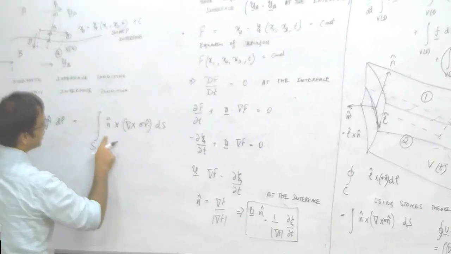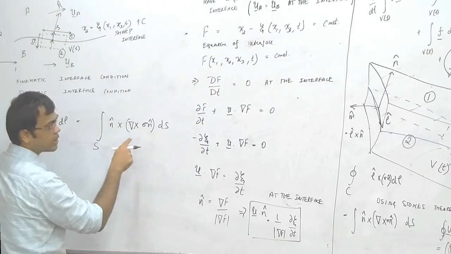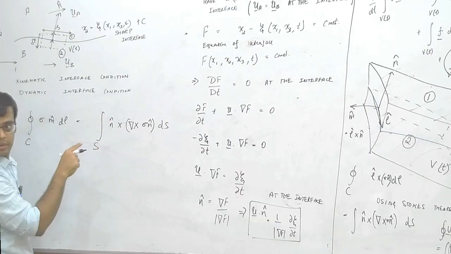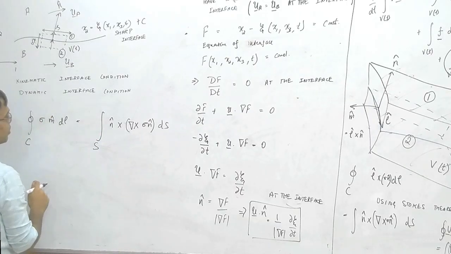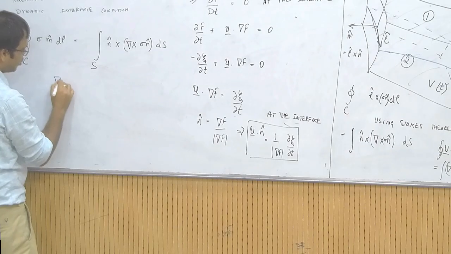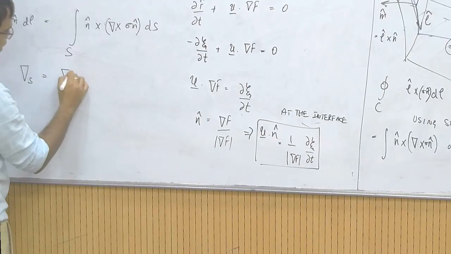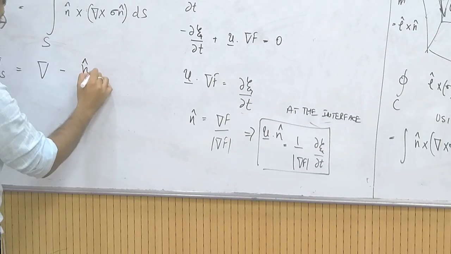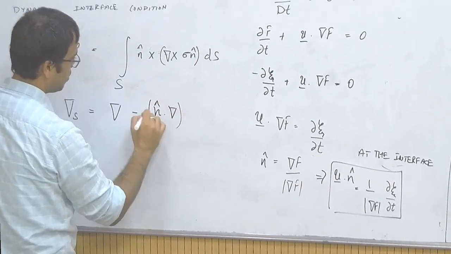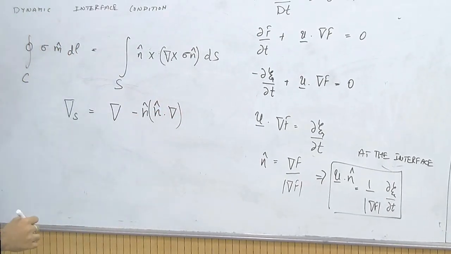Now this quantity you can simplify using the epsilon delta identity. Before we do that, I am going to define a new operator, the surface gradient operator, which was in your first practice sheet.